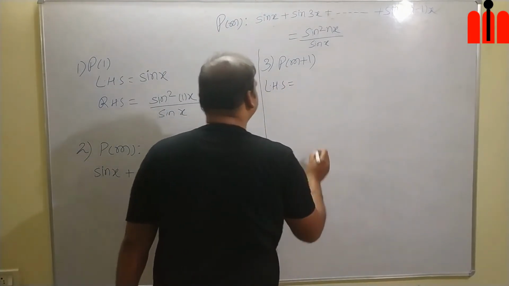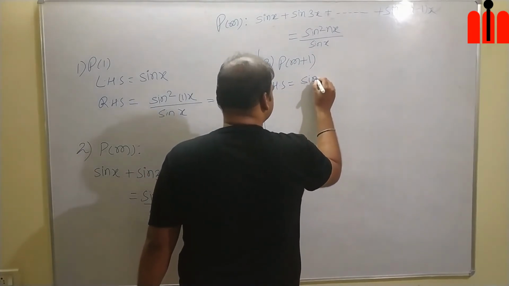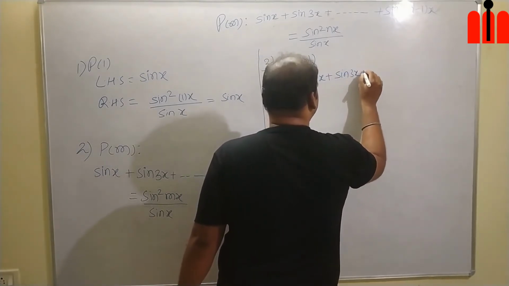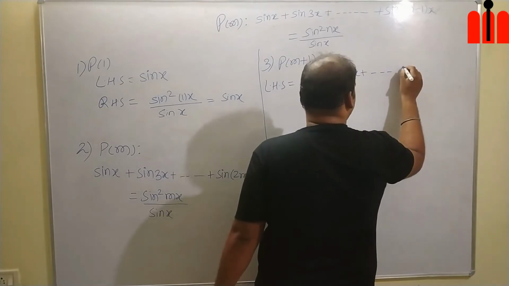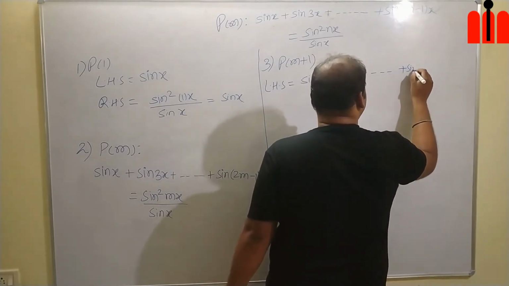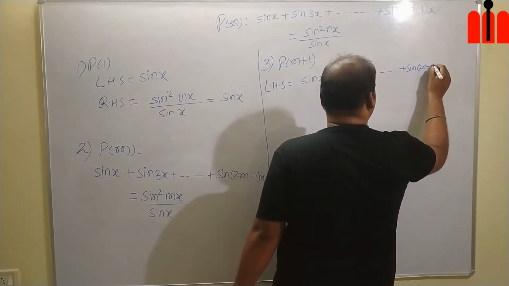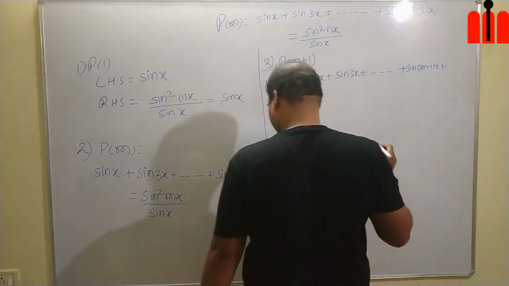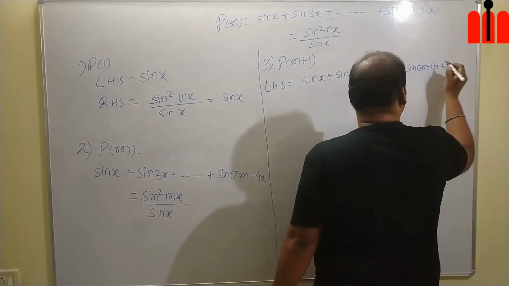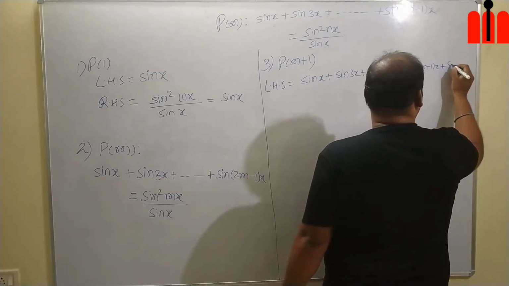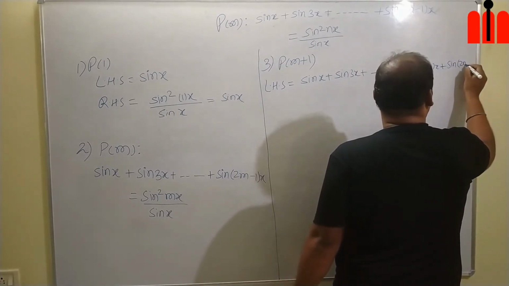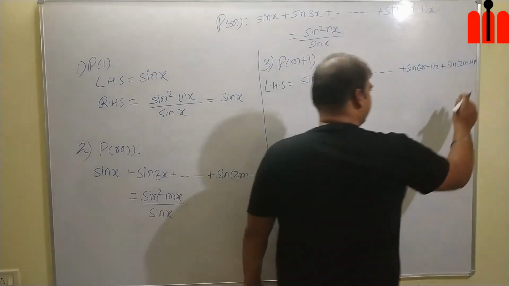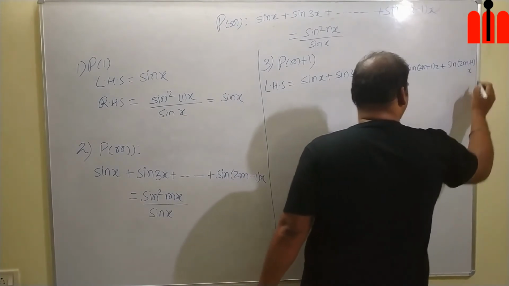My LHS will be sine x plus sine 3x plus ... plus sine (2m minus 1)x plus sine (2m plus 1)x.